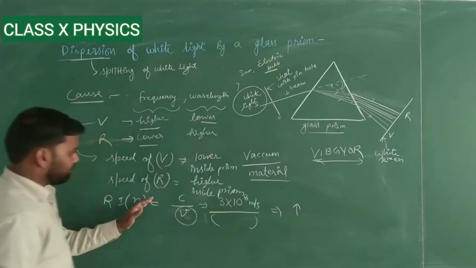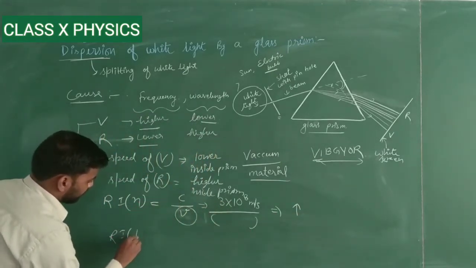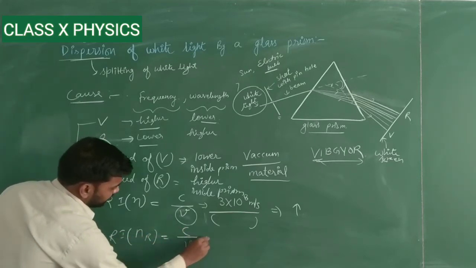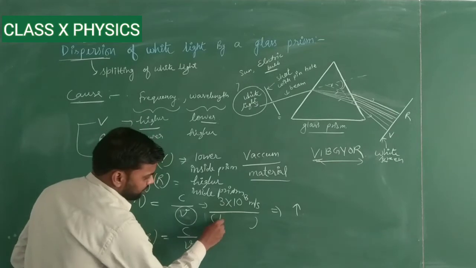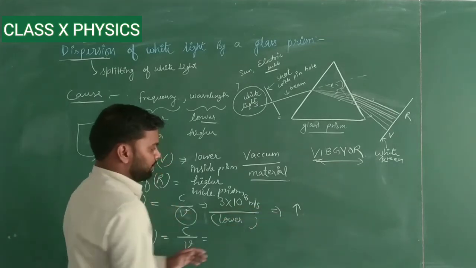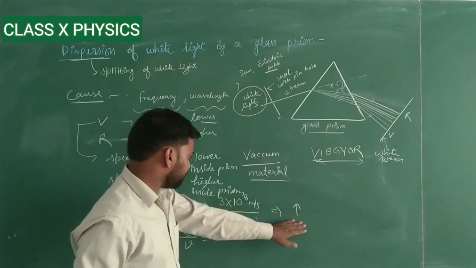Here we are putting the lower value, so the result will be higher. Suppose if we put 5, definitely the result will be higher.